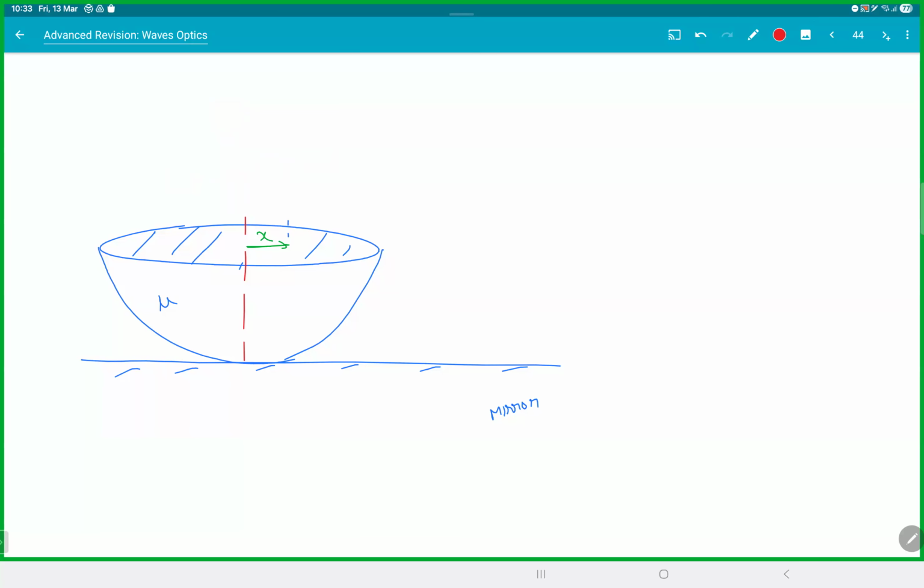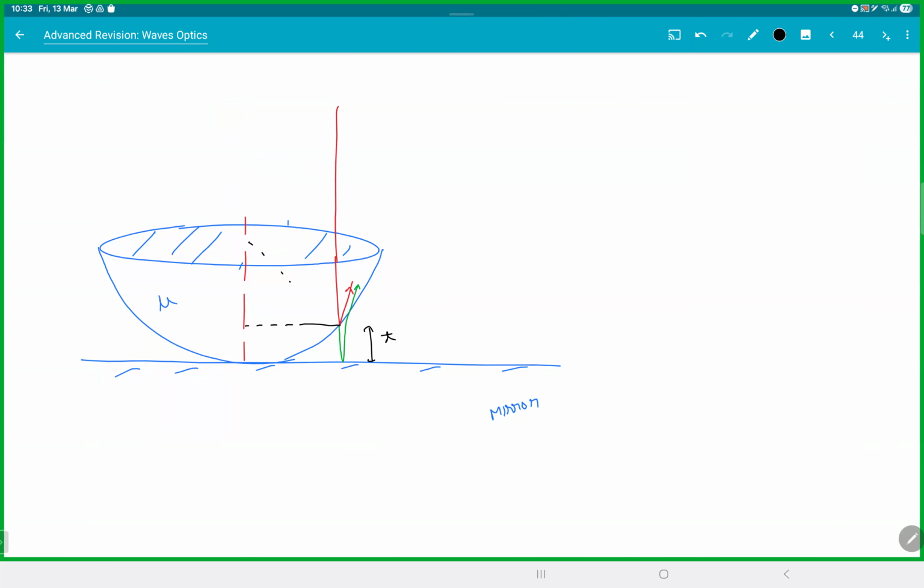I just exaggerated the figure a bit. So let's say light is coming from here. It goes straight. This will bounce off. The other part of the light ray will come out, hit the mirror, and bounce off again. So it's something like this. We have to assume that thing is like a small thing there. Let this distance be t.